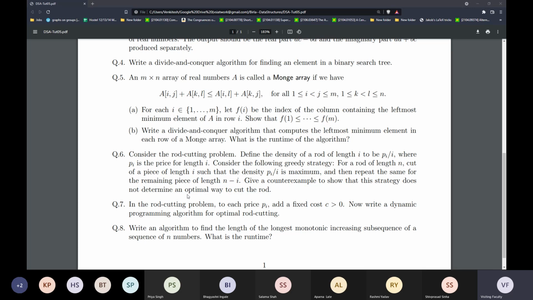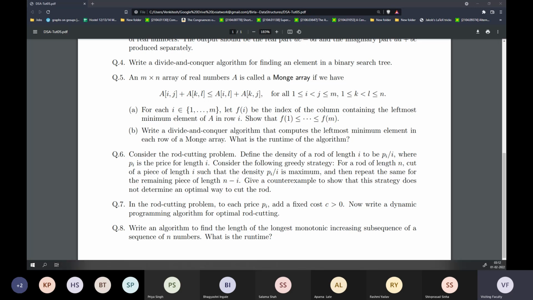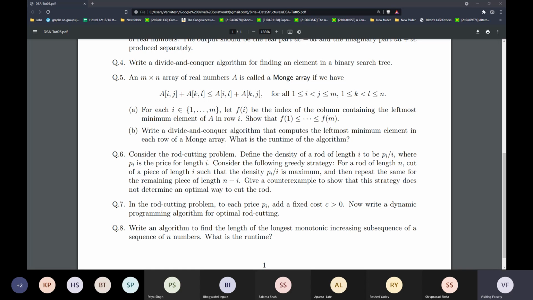So try finding some examples. I'll give you one example that is already in the book. I'll write it down.